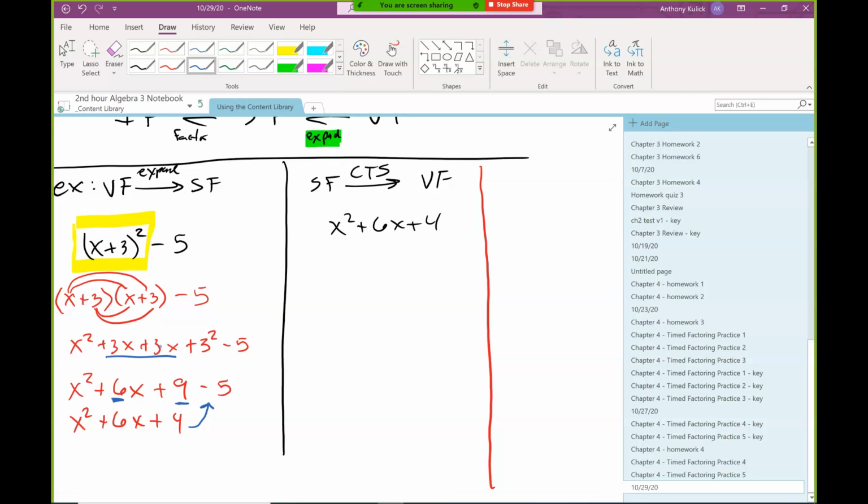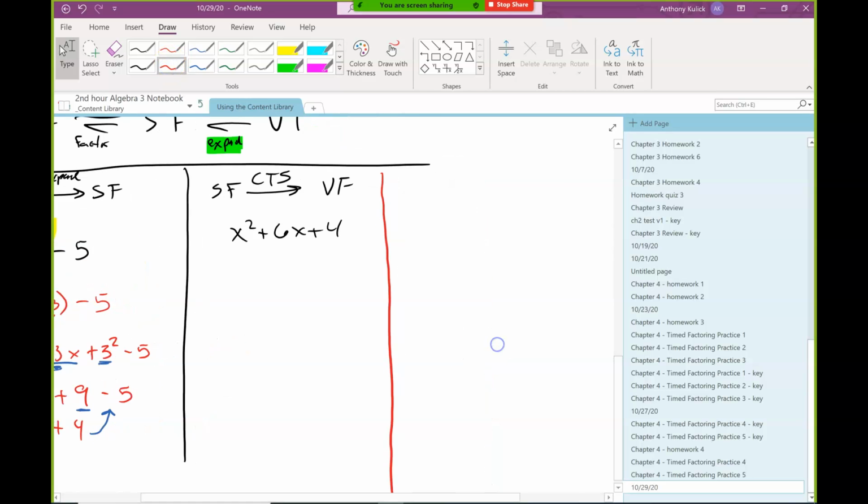Everybody agree with that? And notice here at the previous step, the coefficient on those 2 things is the same as whatever we squared to get the 9. So the first thing we're going to do is take the x coefficient, divide it by 2, and square it.